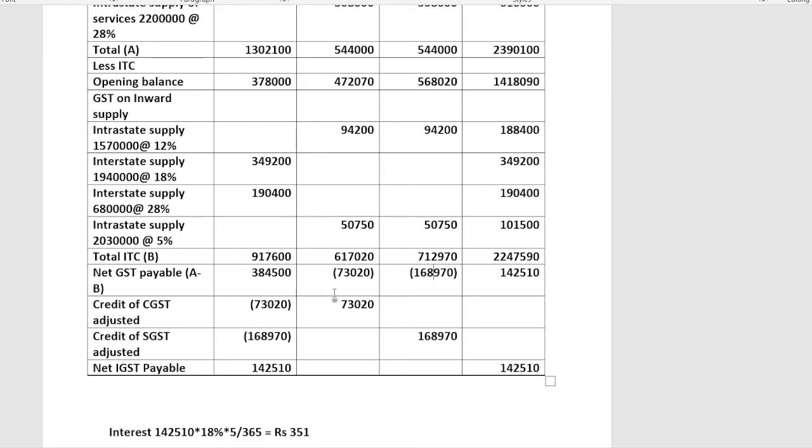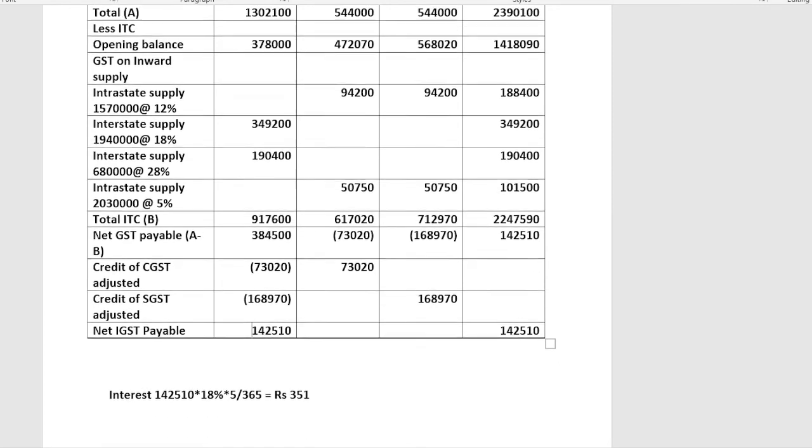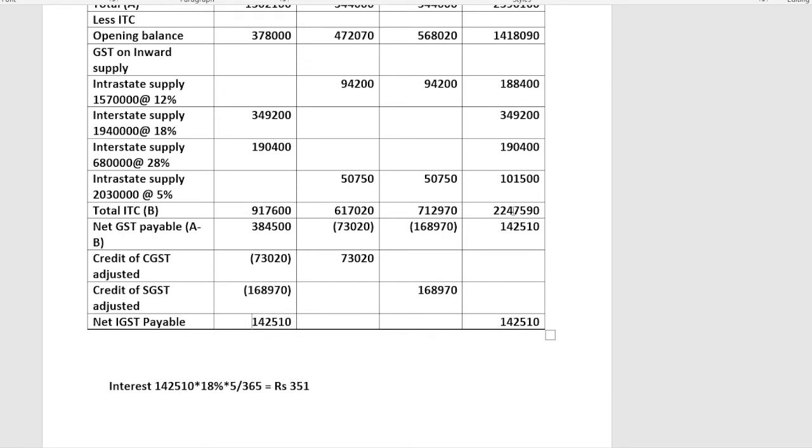So this CGST credit we can utilize for the payment of IGST. Even the SGST credit also we can utilize for the payment of IGST. So how much is the balance IGST liability? 1,42,510. The interest is applicable only on net liability, not on this total liability, after taking the input tax credit.